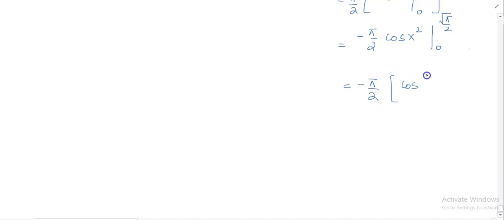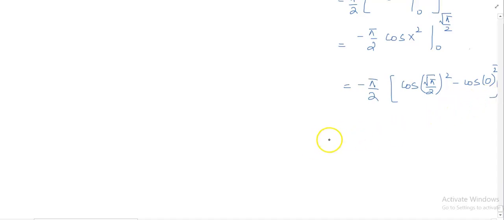Now I can substitute the values of the x limits, so I get negative pi over 2 times cos of x squared, which in this case is cos of square root of pi divided by 2 whole squared, minus cos of 0 squared.